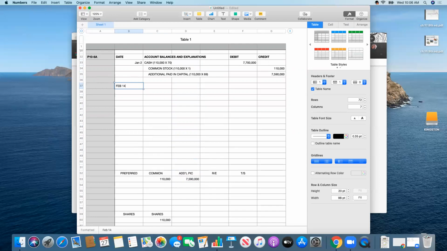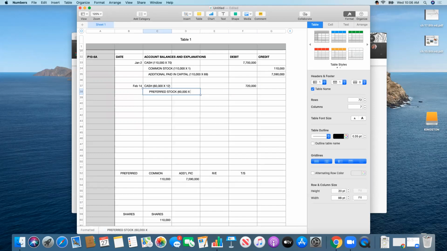February 14th, Valentine's Day. Issued 60,000 shares of preferred for 12. Debit cash: 60,000 times 12, 720,000. Credit preferred: 60,000 shares times par.